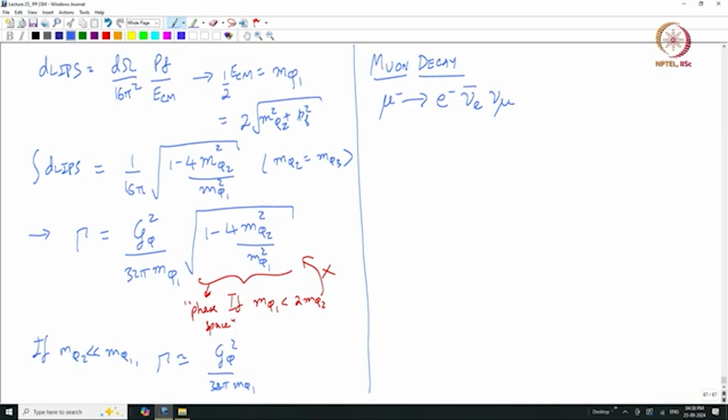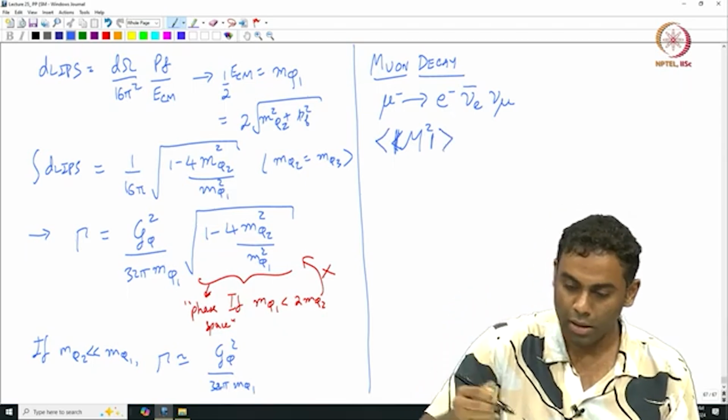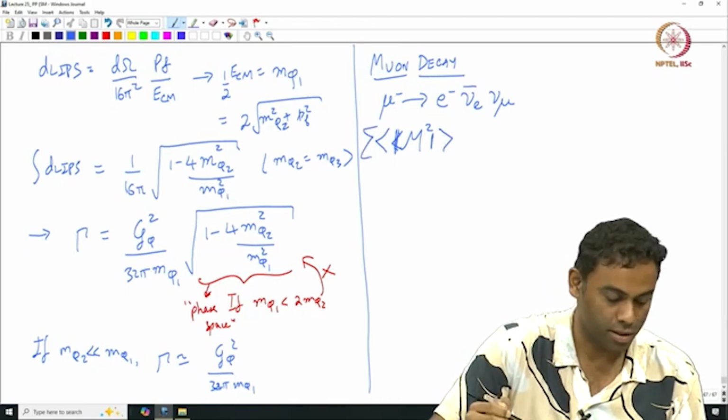So, let me go into a little bit of detail to show you how this goes, and then I'll write down the final expression, and we'll inspect that final expression soon. So, that bit of detail is when you write the squared amplitude, you have to be a bit careful about the spins of the states that you are considering.